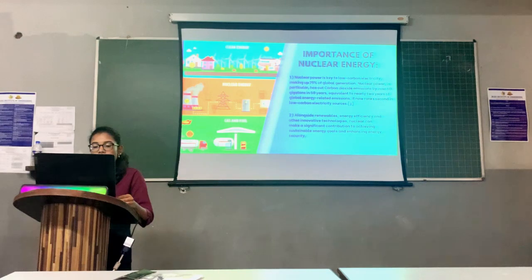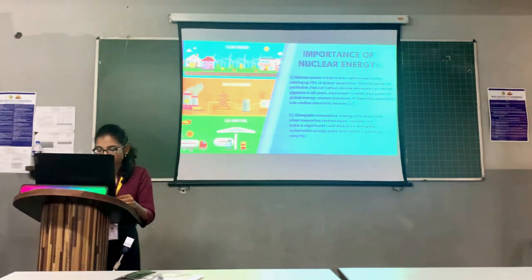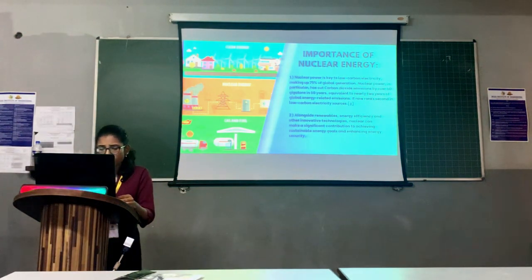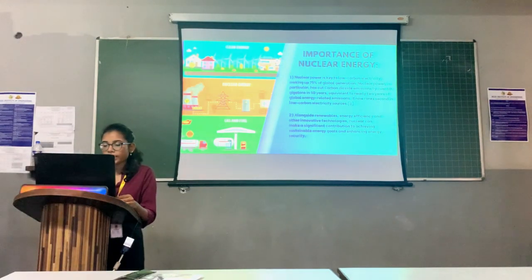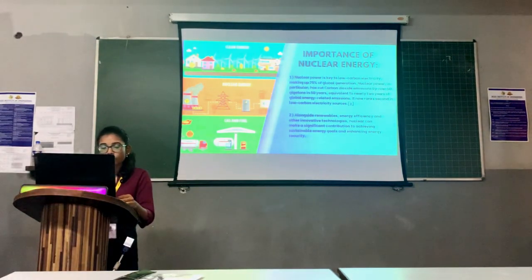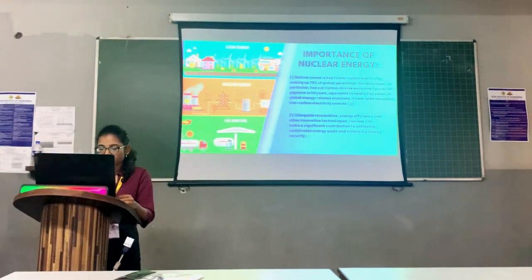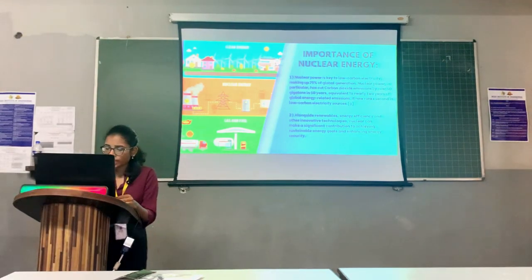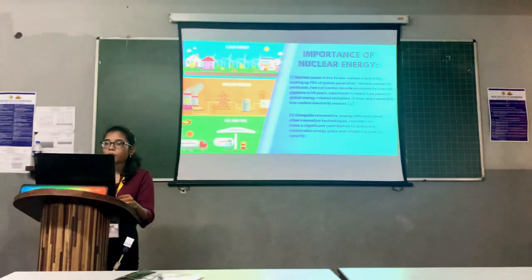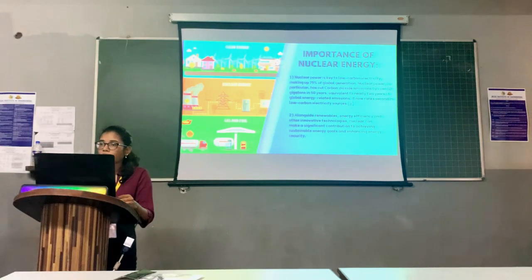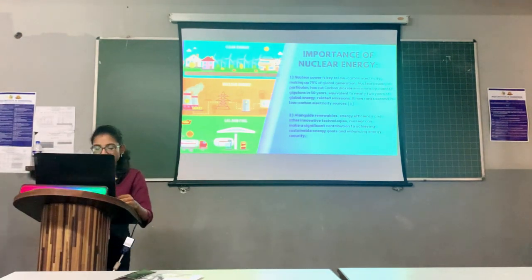Secondly, nuclear energy is environmentally friendly, as it produces minimal greenhouse gas emissions during electricity generation, contributing to efforts to combat climate change. As the world strives for a sustainable and low-carbon energy future, nuclear power stands as a crucial pillar for achieving these goals.